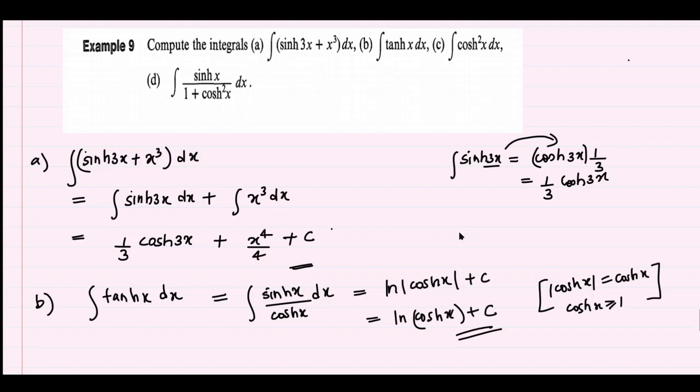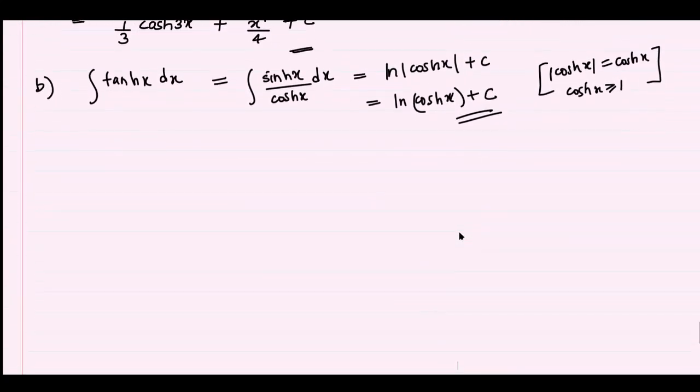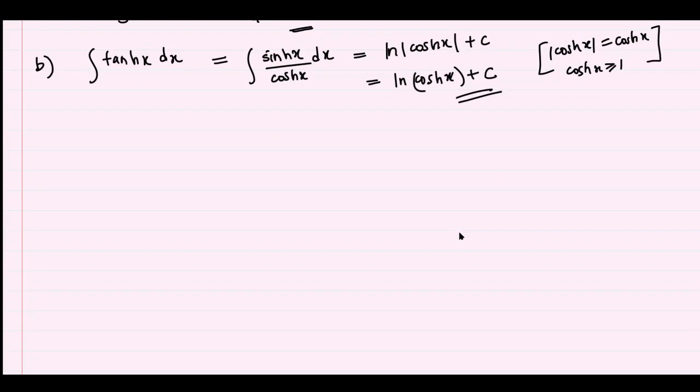Now we will see the third problem, integral cosh square x dx. Here you cannot directly integrate because it is cosh x into cosh x. So we have to use the half angle formula.